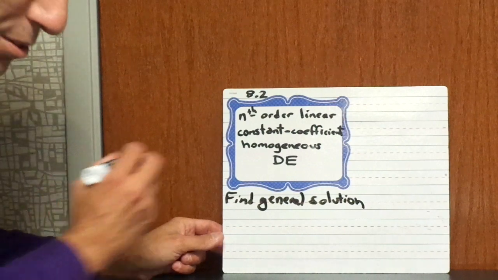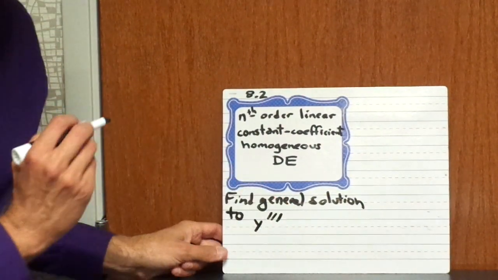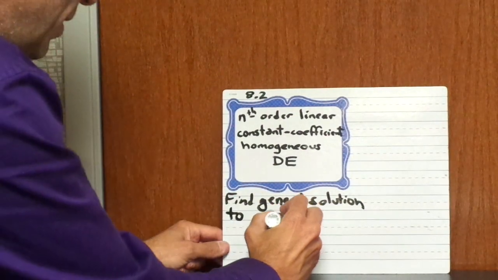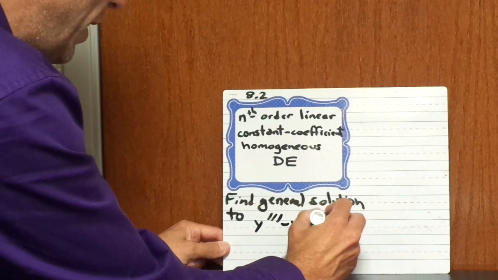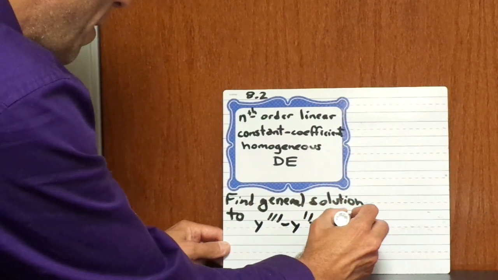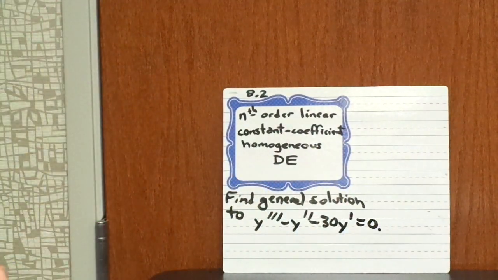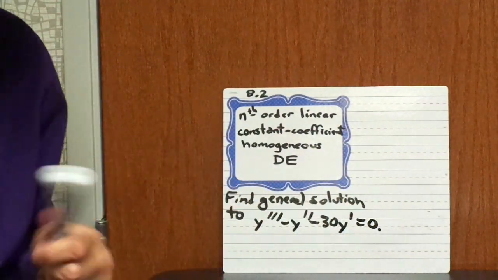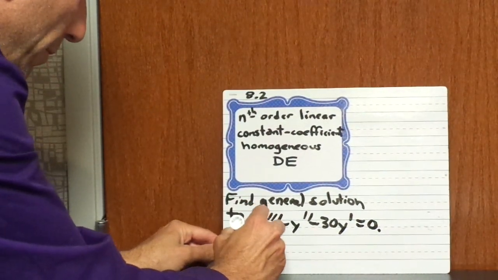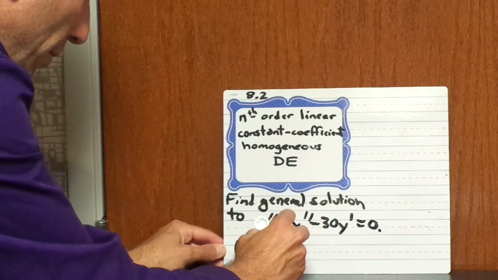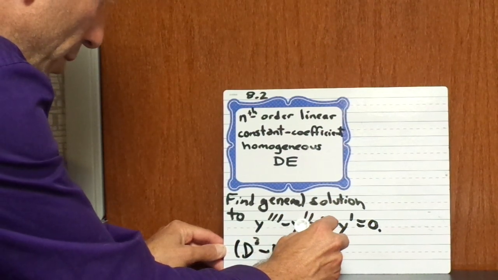Okay? Find the general solution to, okay, this time I'm going to give it to you in the prime notation. So y triple prime minus y double prime minus 30y prime is equal to 0. Of course, if we want to write that in our operator notation, the way it would look would just be 3 derivatives is d cubed, 2 derivatives is d squared, and then 30 times 1 derivative is just d.